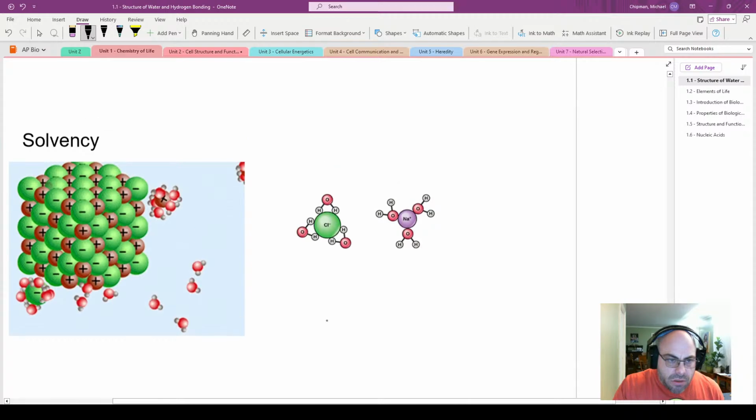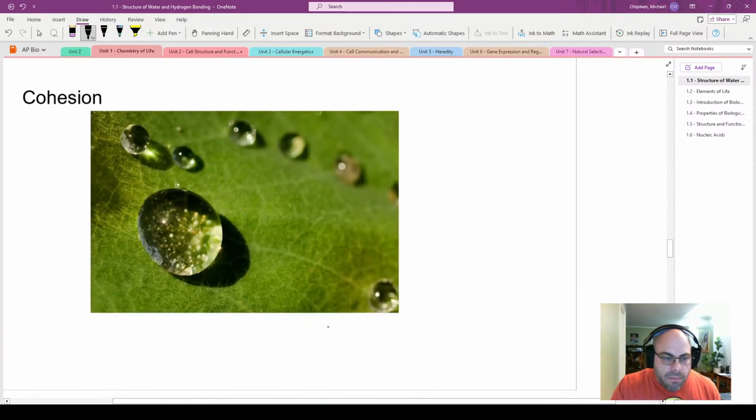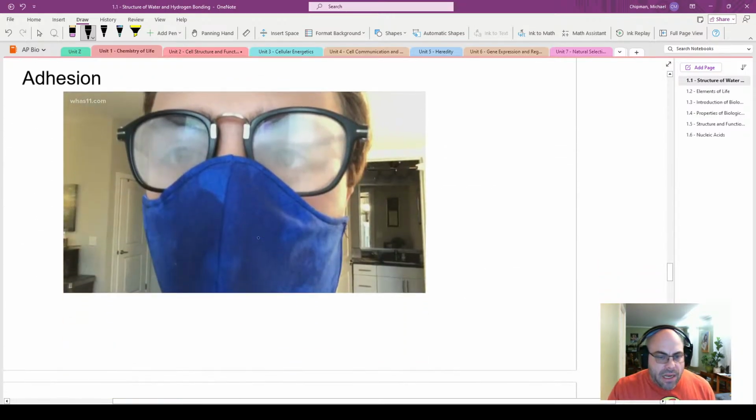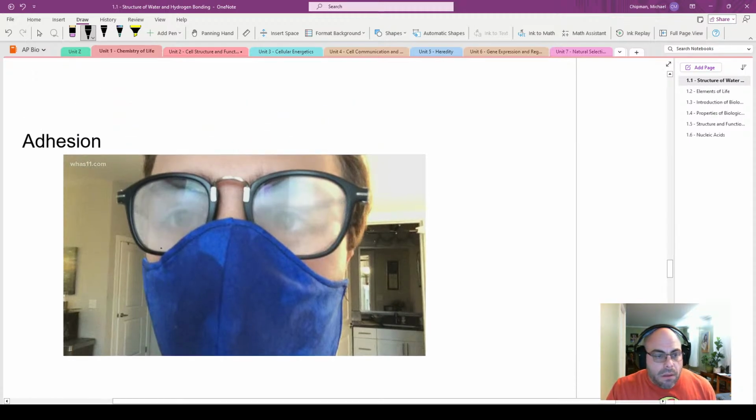Difference between cohesion and adhesion. Good. So cohesion is specifically when you're talking about water's attractiveness to itself, right? Versus adhesion is when you're talking about water's attractiveness to other things. So here's a great way of thinking about it. Think of adhesive tape.